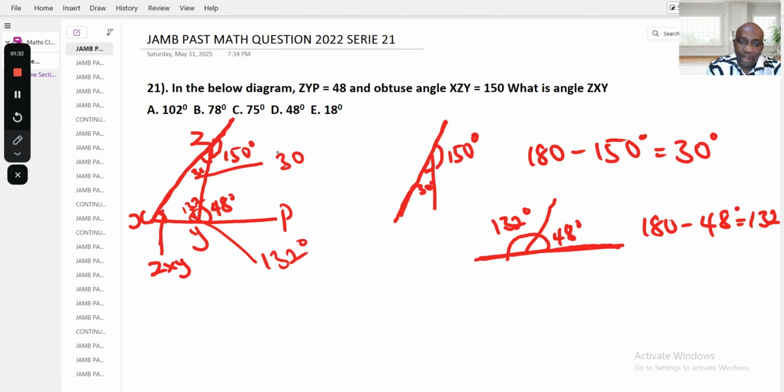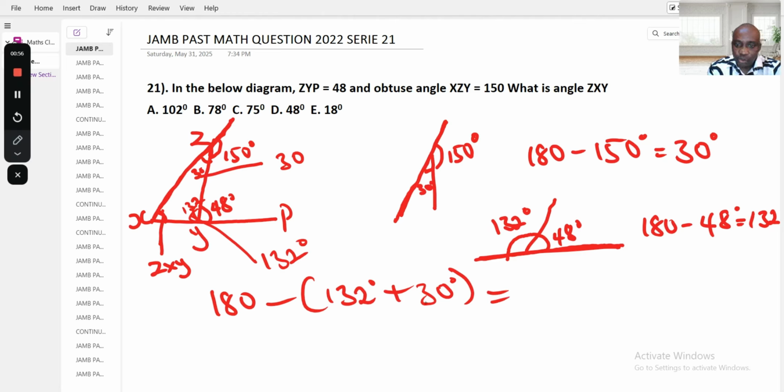Now we are going to add up these two and subtract from 180, because the summation is supposed to be 180 degrees. We have calculated the two angles ourselves, which are 30 degrees and 132 degrees. The third one that we want to look for, we are going to say 180 minus 132 degrees plus 30 degrees.